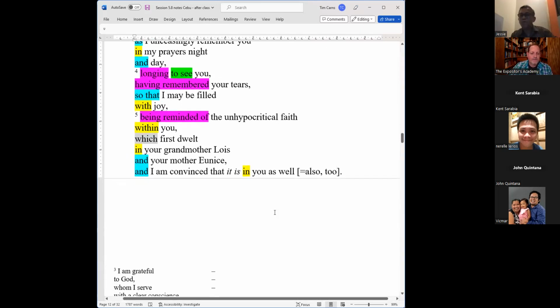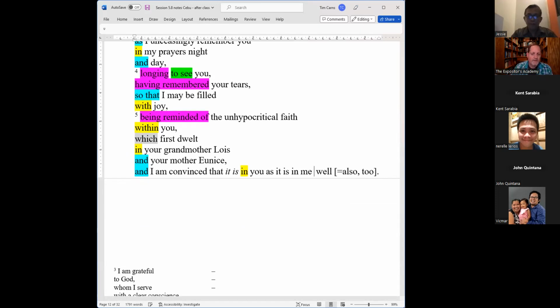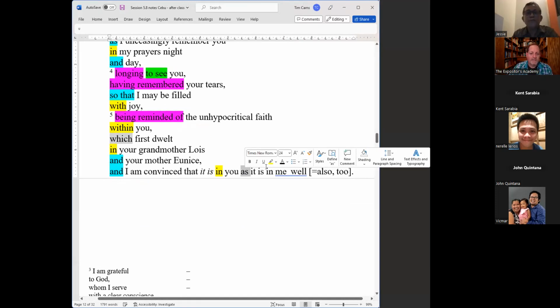Now, if "as" had been followed by a verb, then it would be a conjunction: "I'm convinced that it is in you as it is in me." Now that is acting like a conjunction.